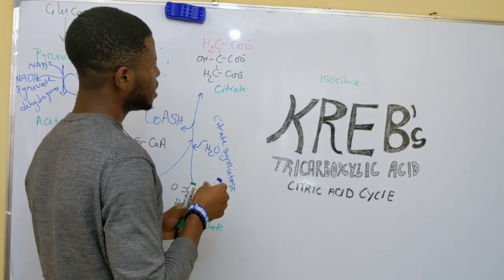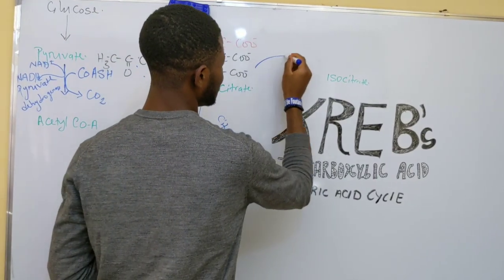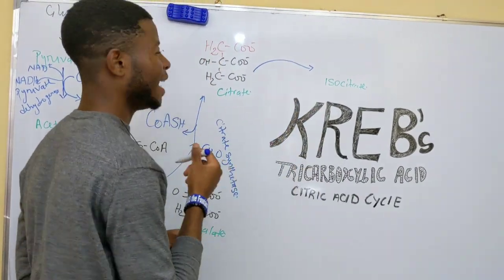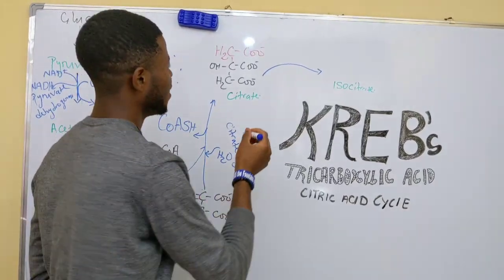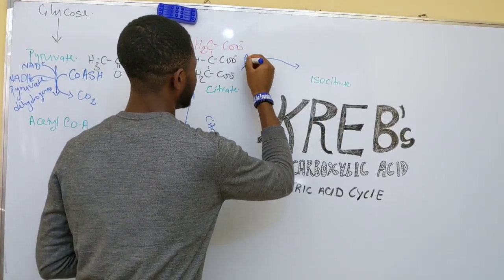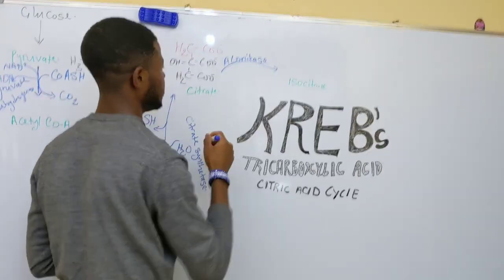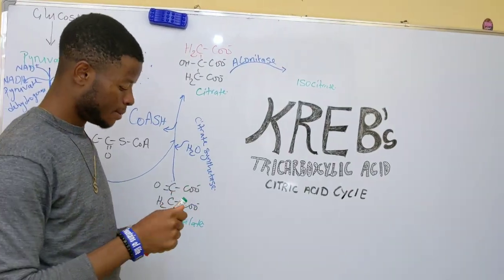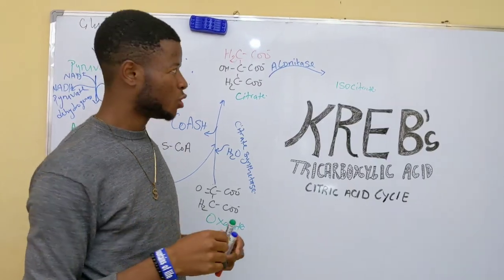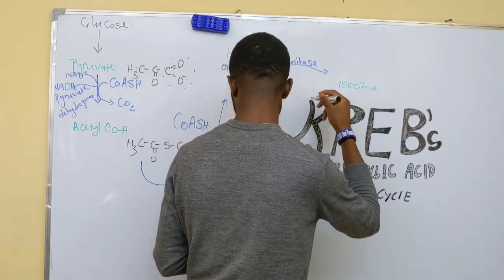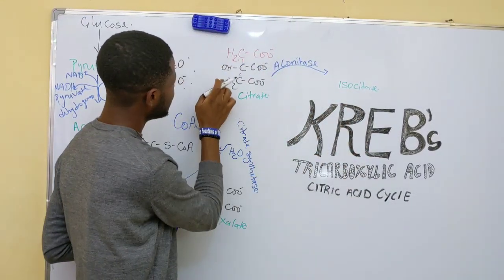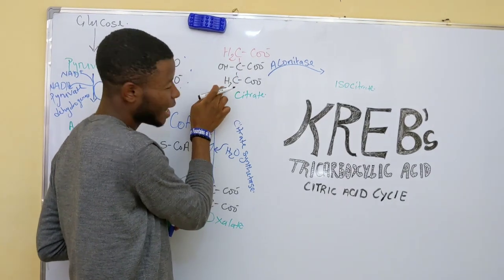Now, for this process, I will need to use a particular enzyme. This enzyme is called the aconitase enzyme. That's the function of this enzyme. So how will my chemical structure look like? Remember we are moving from here, we are transferring this group back here.